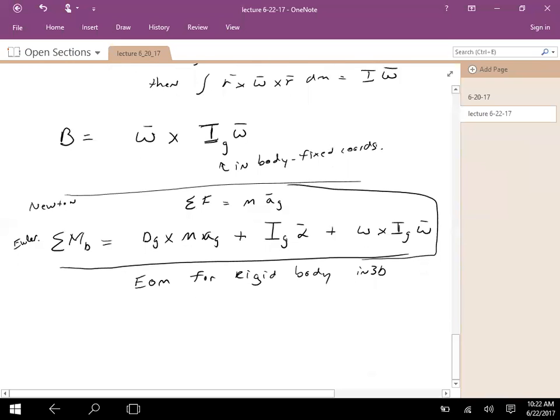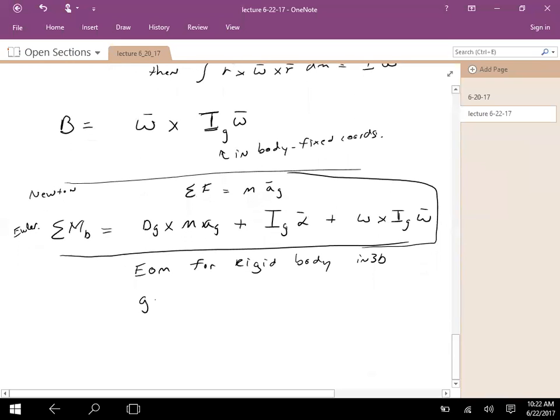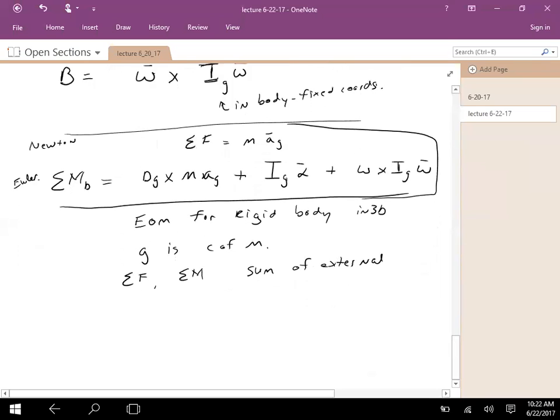A few comments. G is the center of mass. The sums are the sum of external forces and moments. That's kind of obvious.